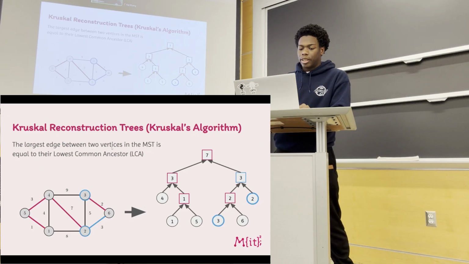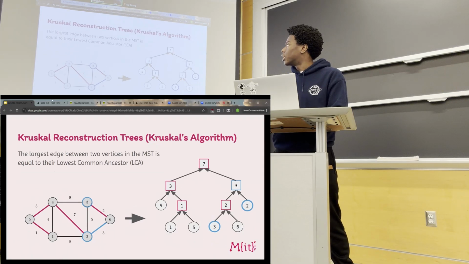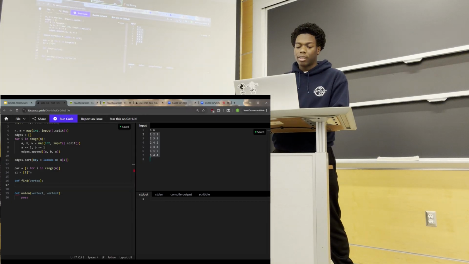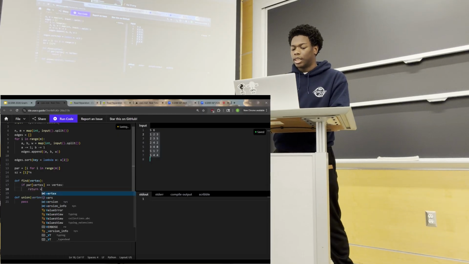Right. Okay. So back to this. We can just use the recursive definition we had. First, we check to see if the parent of the vertex is equal to itself. If this is the case, then it's the leader of its component, so we just return itself.